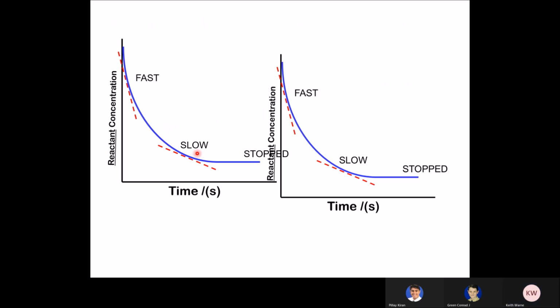Happy? That's reactant concentrations. I don't know why I did that graph twice, but anyway. Yes, for reactants. It might not be exactly like that. It might drop slower or slightly faster, but the general shape will be correct.